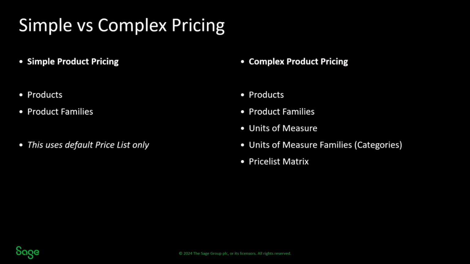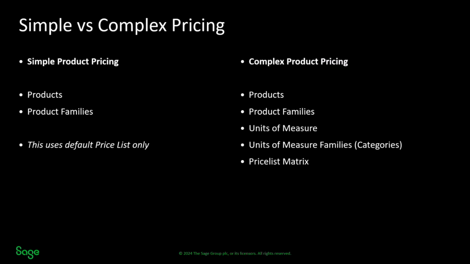So simple product pricing is where you aren't having to worry about anything to do with the sophistication of units of measure and building a price list matrix. So products, product families, single price list only.